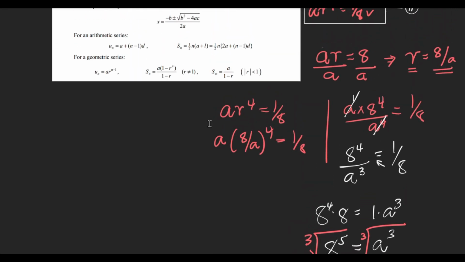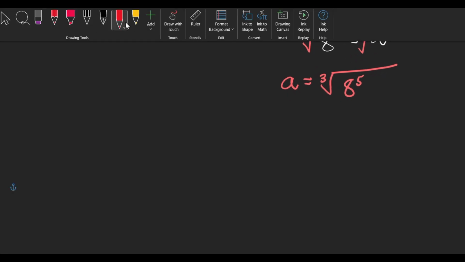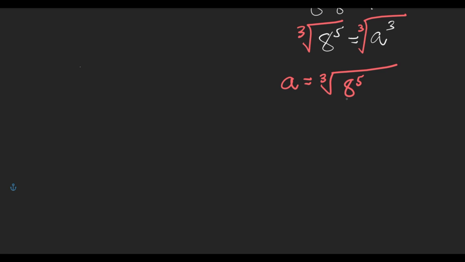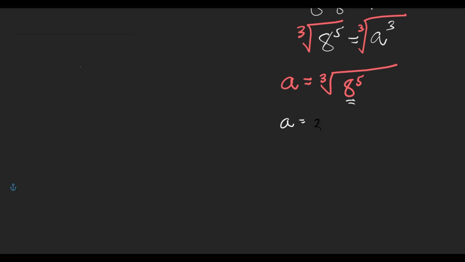By substituting equation 1 into equation 2, I am able to find the value of A. Let me grab a calculator real quick. 8 raised to power 5 is 32,768. So A is the cube root of 32,768.